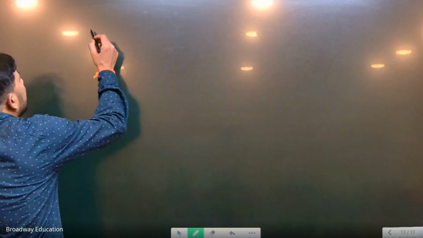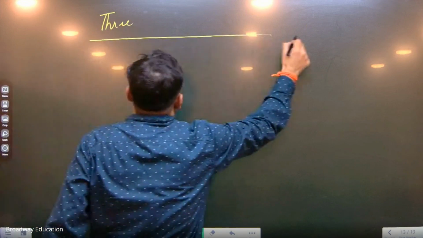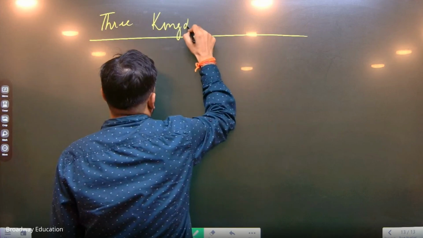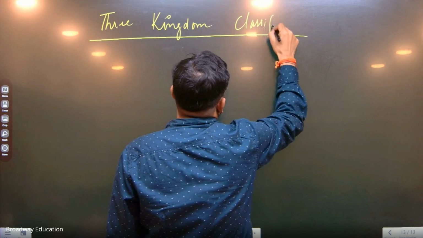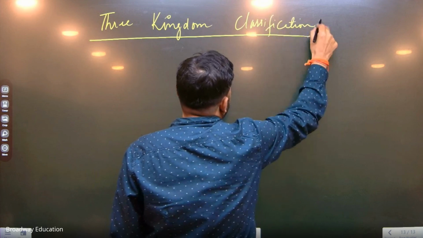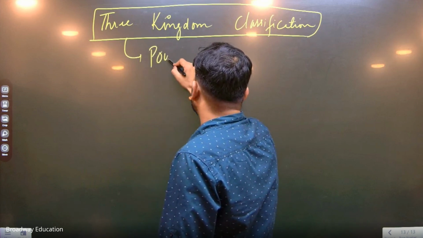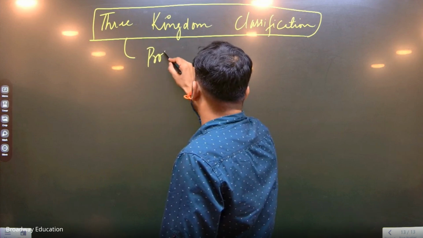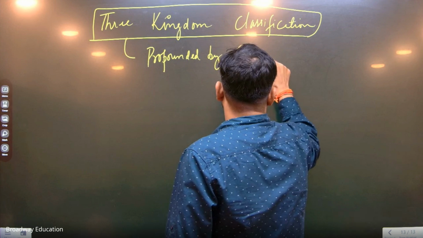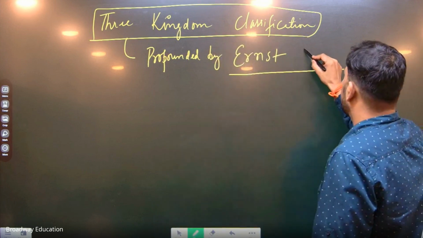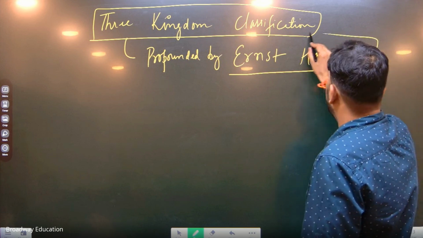Its name was the Three Kingdom classification. Write it down. This Three Kingdom classification was propounded by Ernst Haeckel.